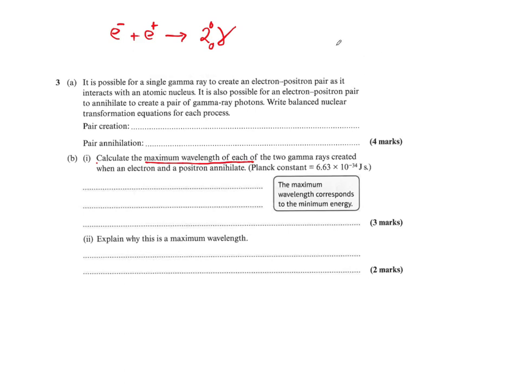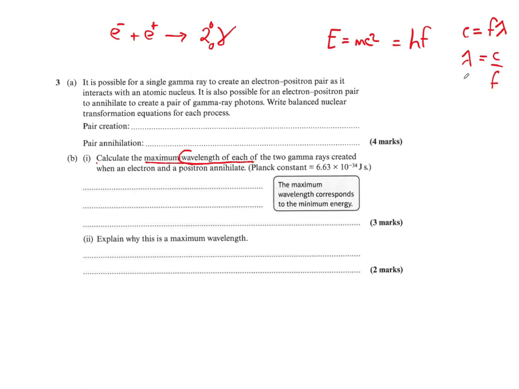So the energy of one of these electrons is going to be equal to mc squared, and that's going to be equal to hf. Now we need to find the wavelength, so we use c equals f lambda, and if we arrange that, we get lambda equals c over f.